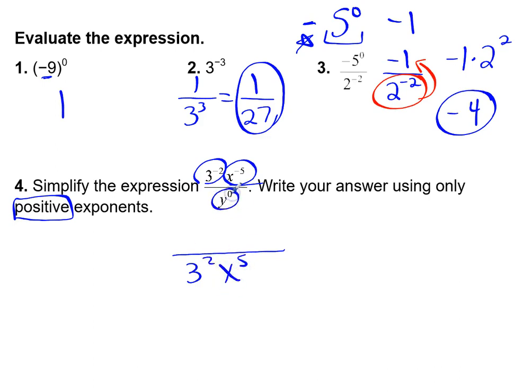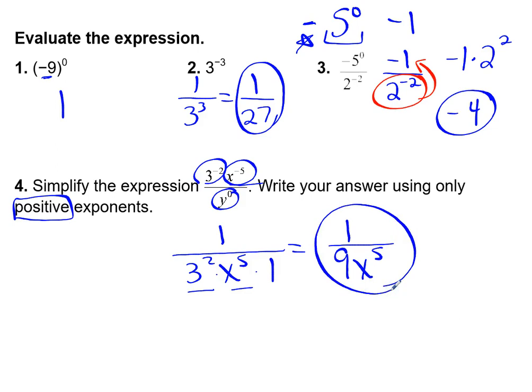We know y to the 0 is 1, so times 1. We can't leave our numerator blank up here; really, that's a 1 up there. Then we simplify what we can. We know 3 squared is 9, but we can't do anything with x to the 5th. So we come up with 1 over 9x to the 5th.